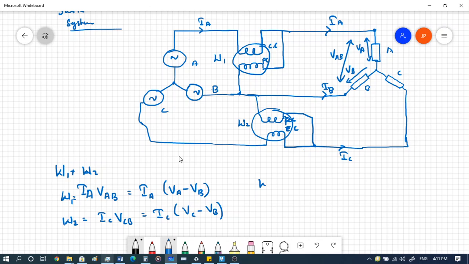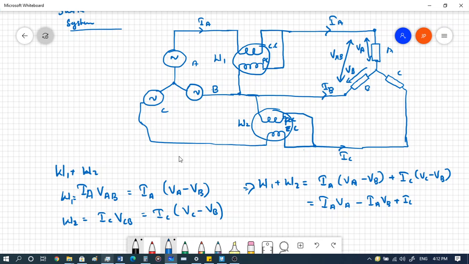(VC minus VB), right? So what happens over here, if you add W1 plus W2 from these two values, you will get IA into (VA minus VB) plus IC into (VC minus VB), right? If you expand, you get IA into VA minus IA into VB plus IC into VC minus IC into VB, right?